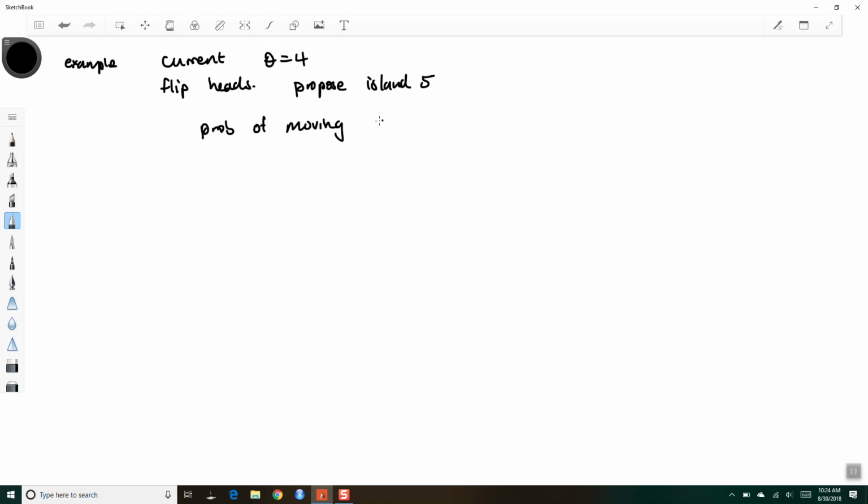So we'll say example. So current is theta equals 4. Flip heads. And then we propose island 5. Probability of moving will be equal to probability of propose divided by probability current.